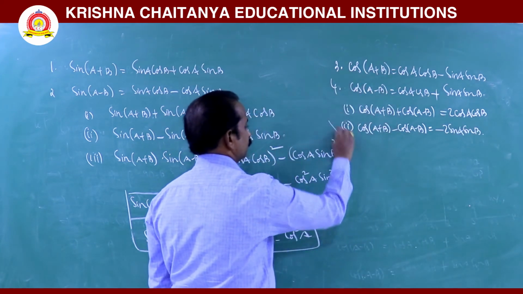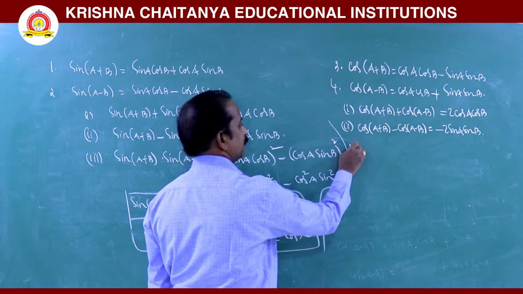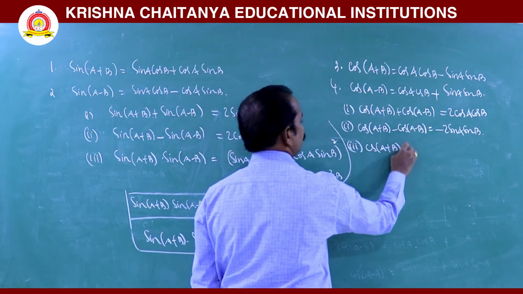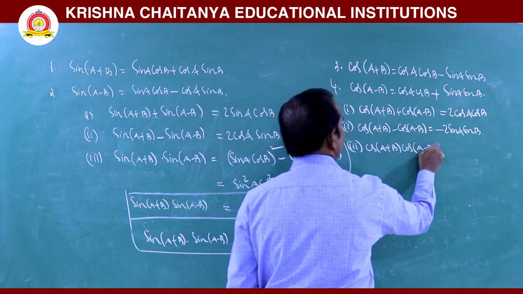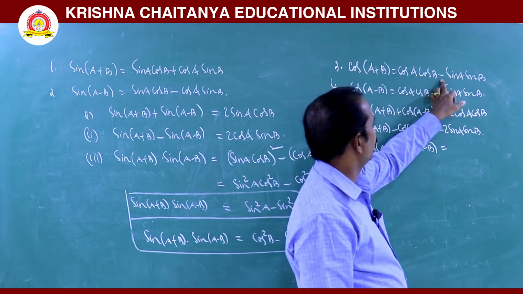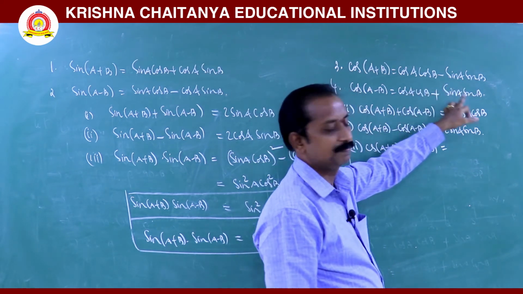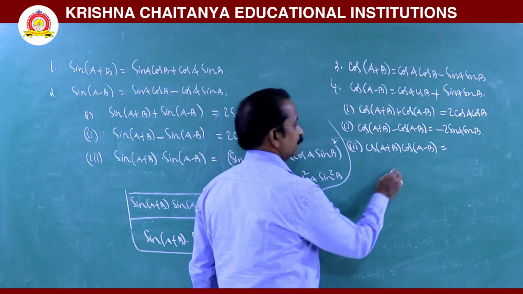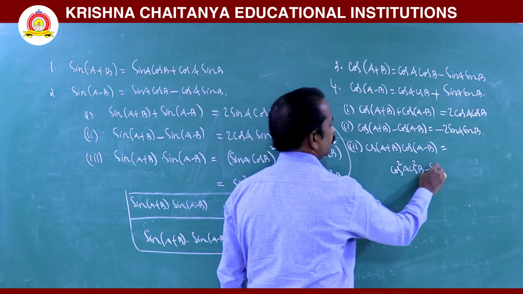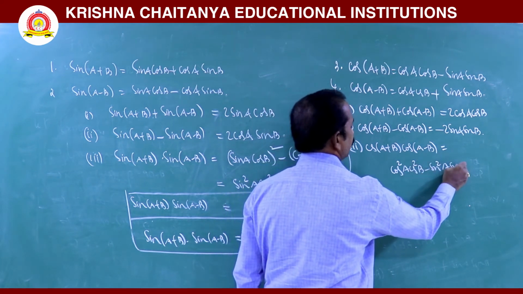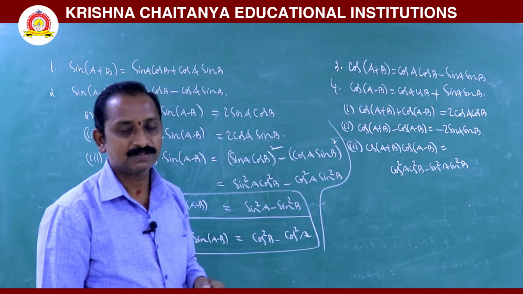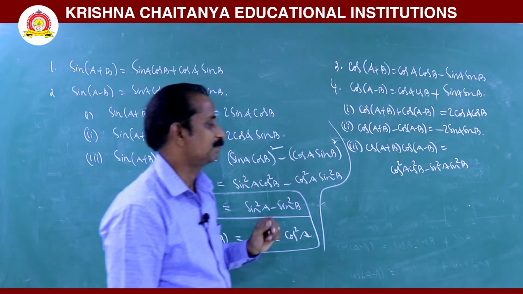And now their product means cos of (a plus b) into cos of (a minus b). Observe, this is in the form (a minus b) into (a plus b), a square minus b square, means cos square a cos square b minus sin square a sin square b. Now, how to simplify it?